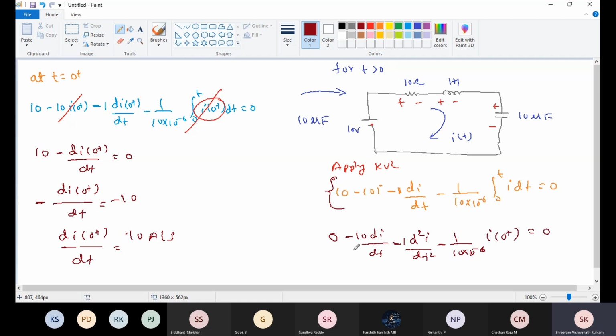Now again substitute t equal to 0+ in this equation.